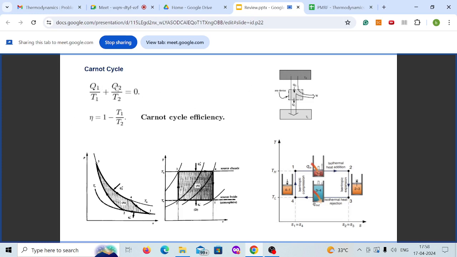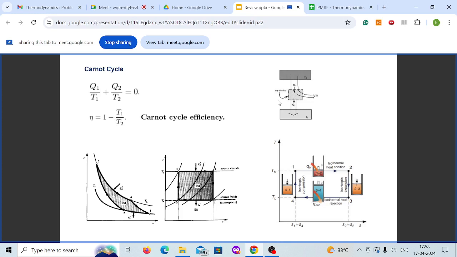Now for the efficiency, if you apply the first law, your net work done is equal to the net heat transfer. Your net work done is W, and that is the only work coming out, there is no input. So W equals the net heat transfer, which is Q1 minus Q2. Your efficiency is nothing but your desired output divided by the input you are giving.